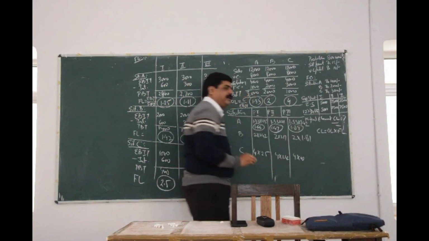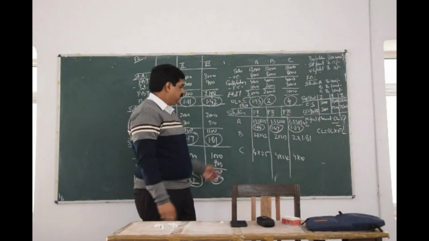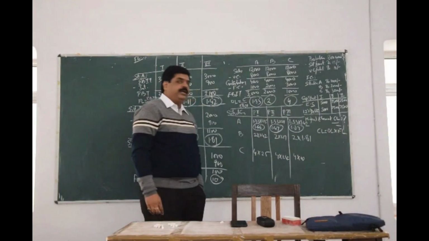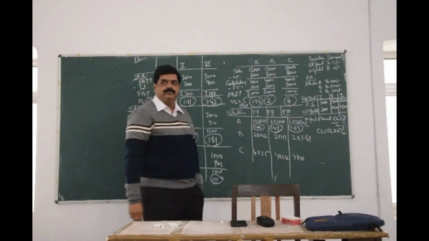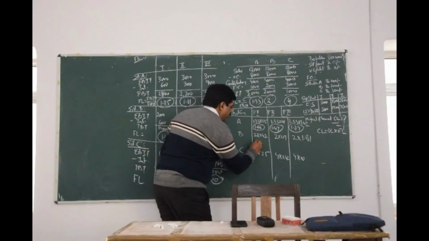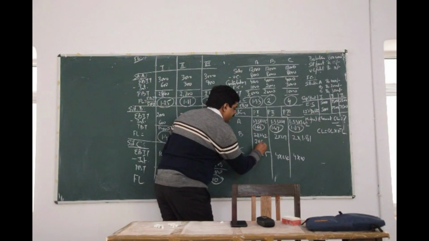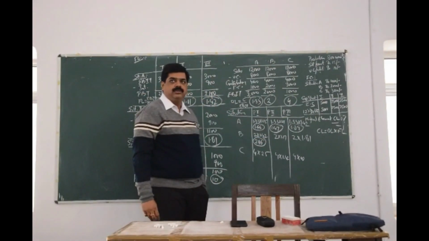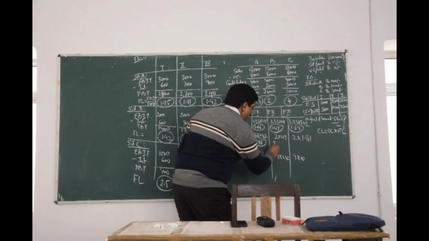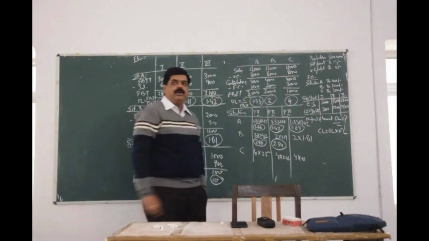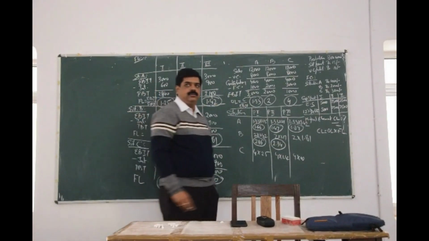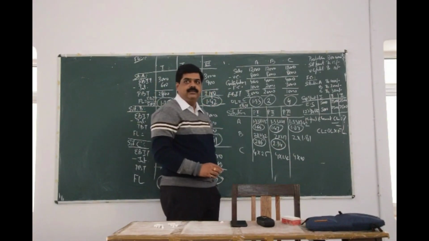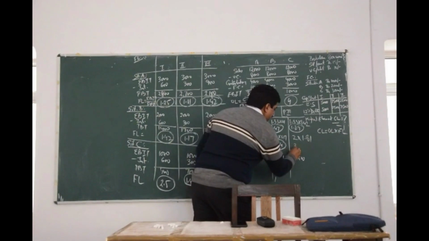These are the combined leverage for situation A. For B, 2 into 1.42 is 2.86. For plan 2, 2.34. And 2 into 1.81 is 3.62. Very good.